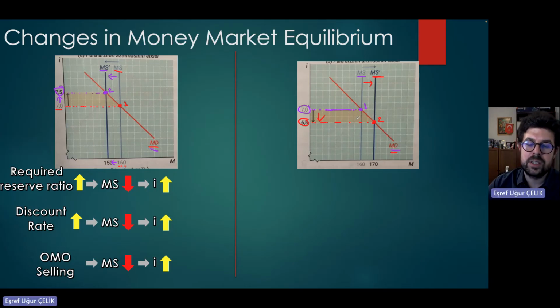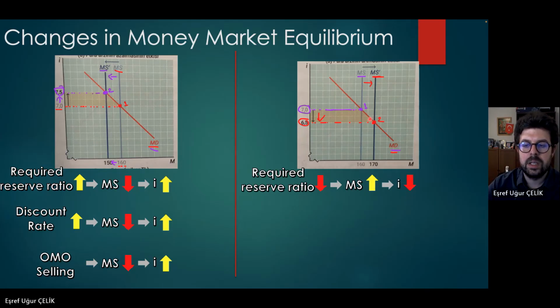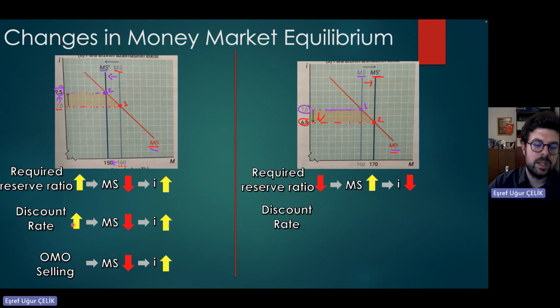So under which conditions does the money supply become higher, or shift to the right? Let's look at it. When the reserve ratio becomes lower, the money supply becomes higher, and that's why the interest rate becomes lower. Or the discount rate: when it becomes lower, the cost of borrowing for the banks becomes lower.